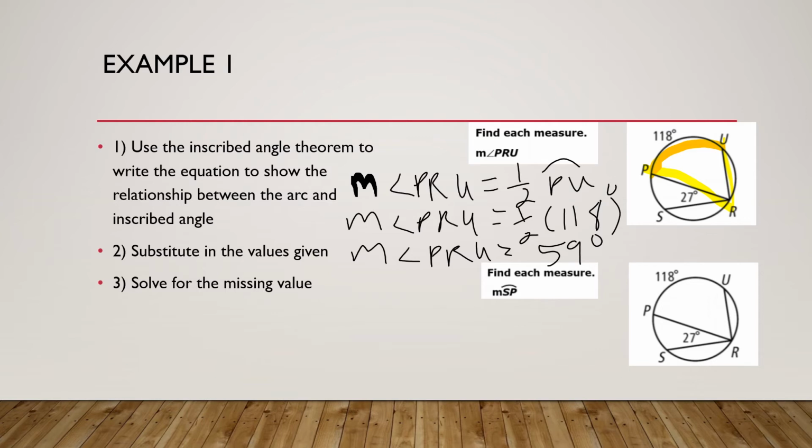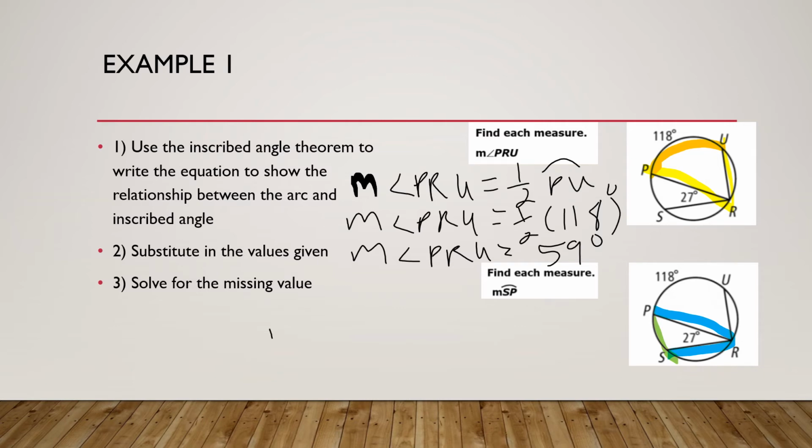On the next one, we are trying to find the measure of SP. We need to make sure we know which inscribed angle goes with that intercepted arc. The inscribed angle that goes with that intercepted arc is SRP. We're going to write our relationship.